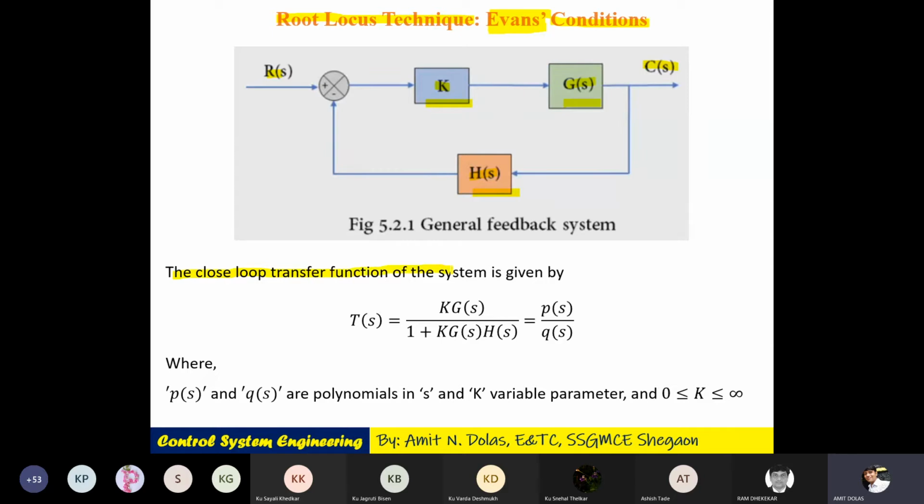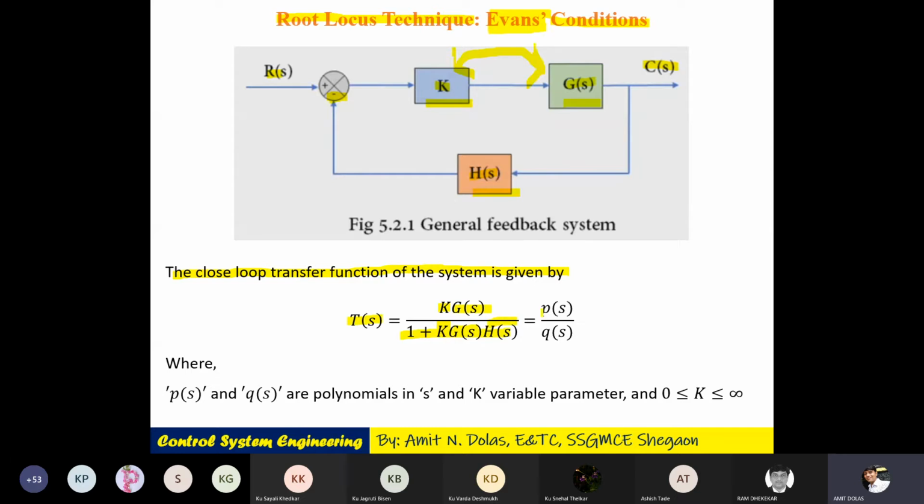The closed loop transfer function is given by, how do we write the standard form? Transfer function is equal to gain into open loop transfer function divided by 1 plus, because there is negative feedback, 1 plus K into G(s) into H(s).